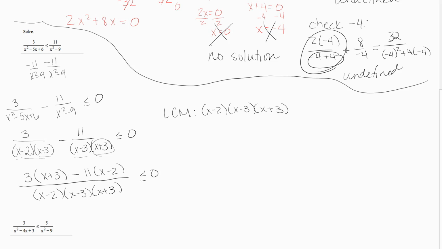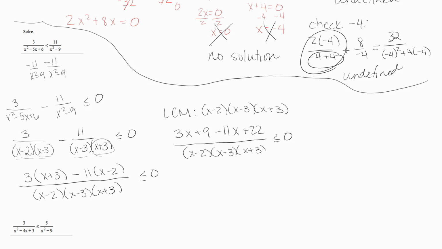So now we need to do a little bit of work with the numerator. We're going to distribute that 3, so we'll have 3x plus 9. We'll distribute the 11: minus 11x plus 22, all over x minus 2, x minus 3, x plus 3.